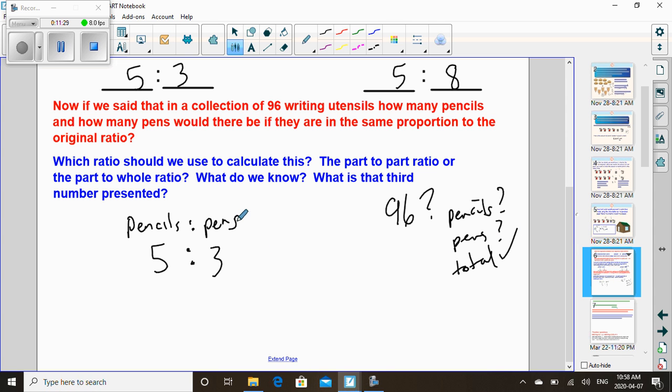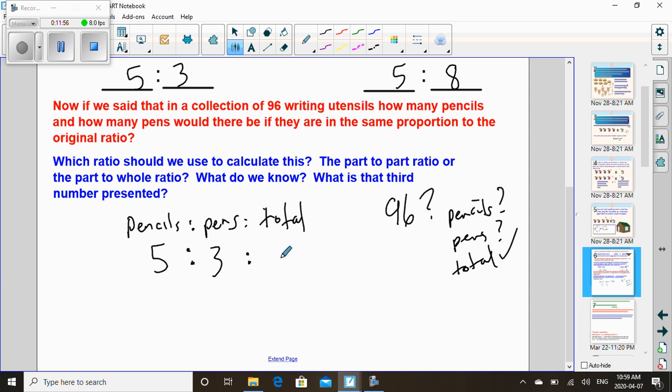So can I use the 5:3? Well, not so much, but I can put this into what is called a three-part ratio. I'll call this total, not whole necessarily. So I got pencils, pens, total.